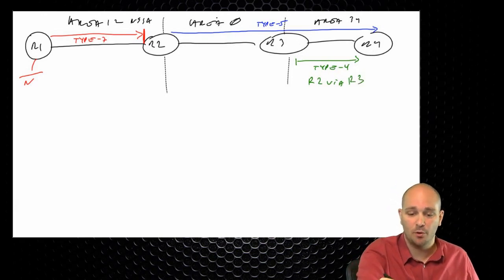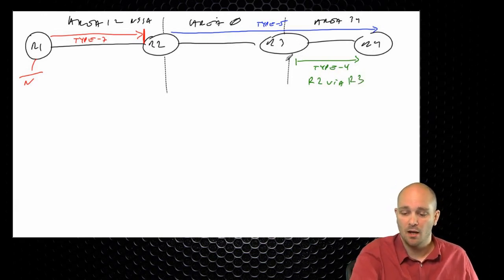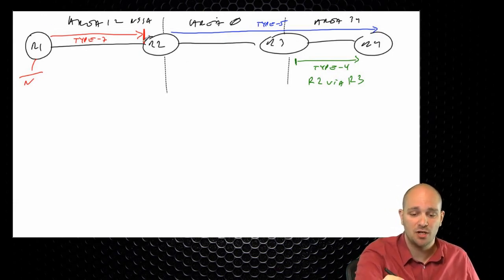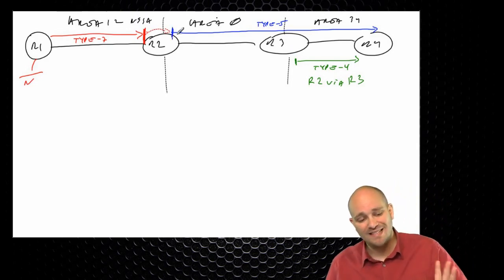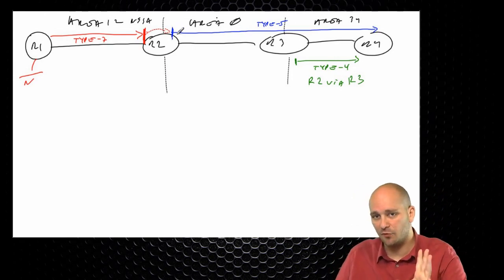Because at this point here, R1 does not exist. Information about R1 was lost at this point when information from this LSA was actually used to generate this new type 5 LSA here. So this is how NSSA information is propagated outside of the NSSA area.